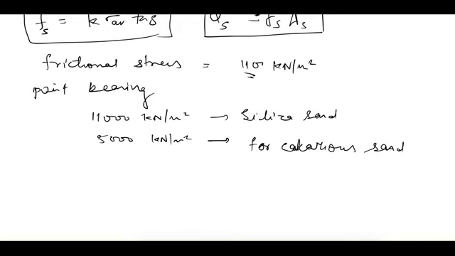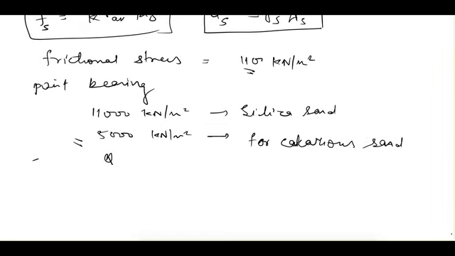So if it is coming more than this, and if something like this is mentioned, then we will neglect it in design. So this way we find out the ultimate pile load capacity in case of cohesionless soil.